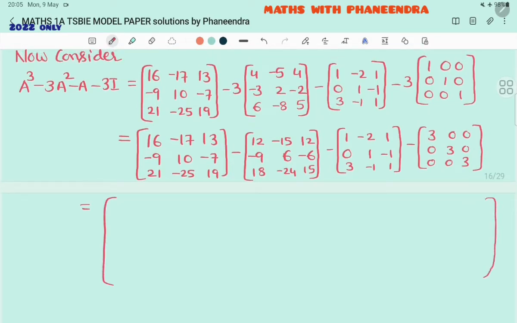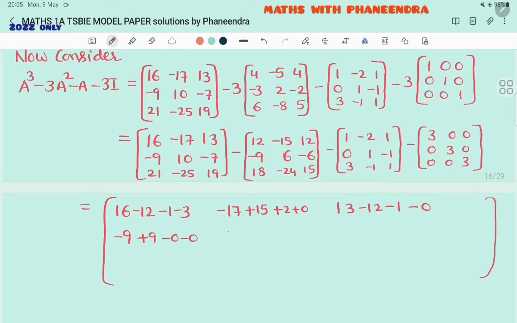so corresponding elements you have to subtract and add: 16 minus 12 minus 1 minus 3. Next minus 17 plus 15 plus 2 plus 0. Next 13 minus 12 minus 1 minus 0. Next minus 9 plus 9 minus 0 minus 0.